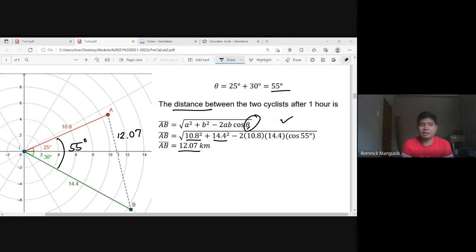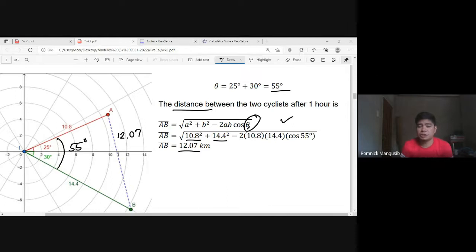Para mas maintindihan mo kung paano mo kukunin ngayon ang angle, the included angle. Okay? So tatlo ang basic na kailangan mo. Call that basic, please, kasi these are the necessities. These are the essentials. You really need to understand bago ninyo ma-solve ang ganitong problem.